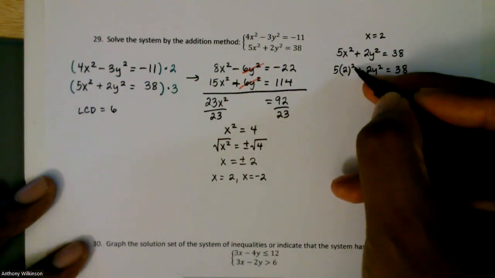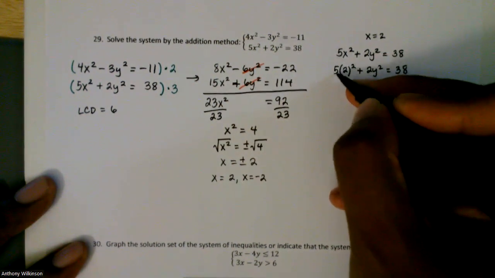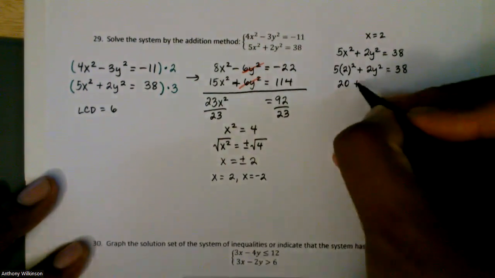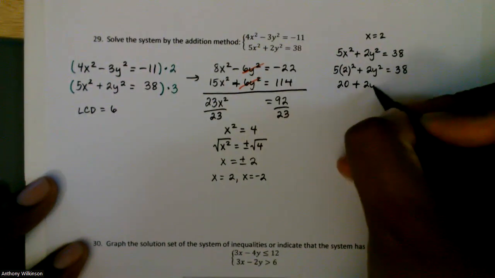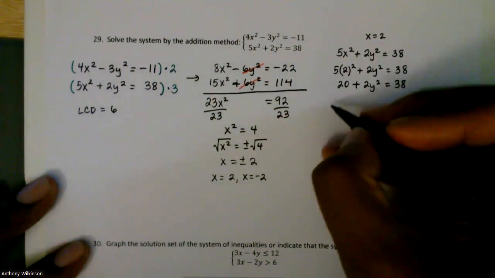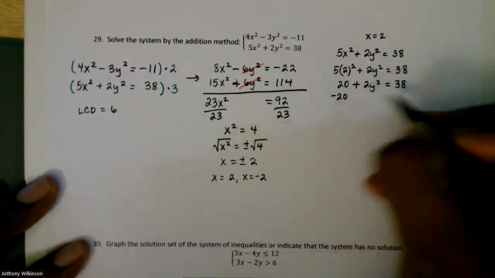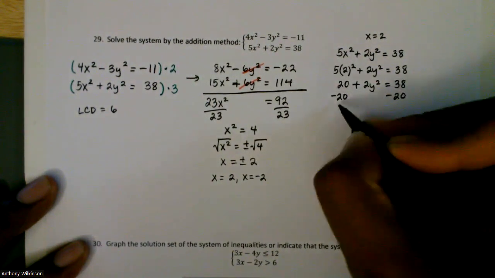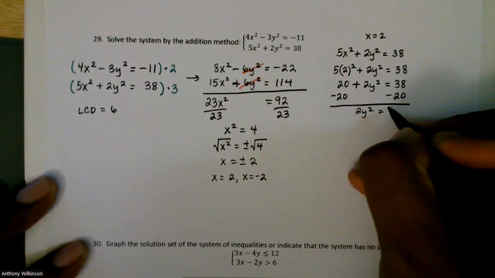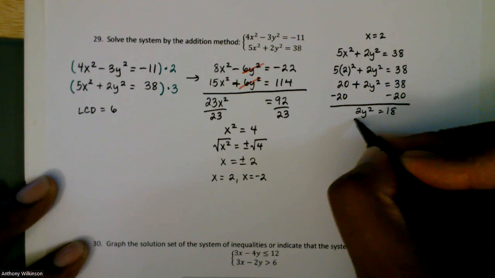Now 2 squared is 2 times 2, which is 4, times this 5 in front, that's going to be 20, plus 2y squared is equal to 38. And then to get 2y squared by itself, I'm going to subtract 20 on both sides. That will give me 2y squared is equal to 18.